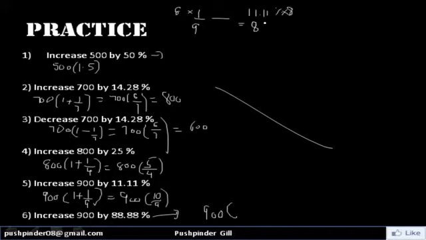So 88.88% is equivalent to 8 by 9. So that would be equal to 900 into 1 plus 8 by 9, that is 17 by 9. And my answer is equal to 1700.